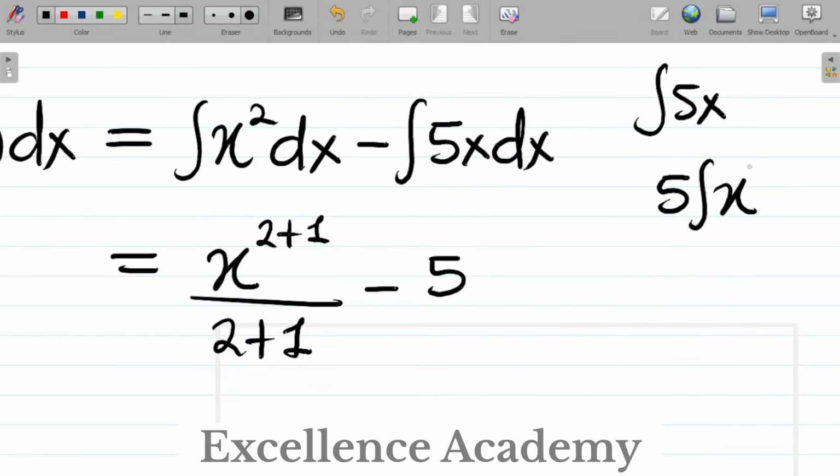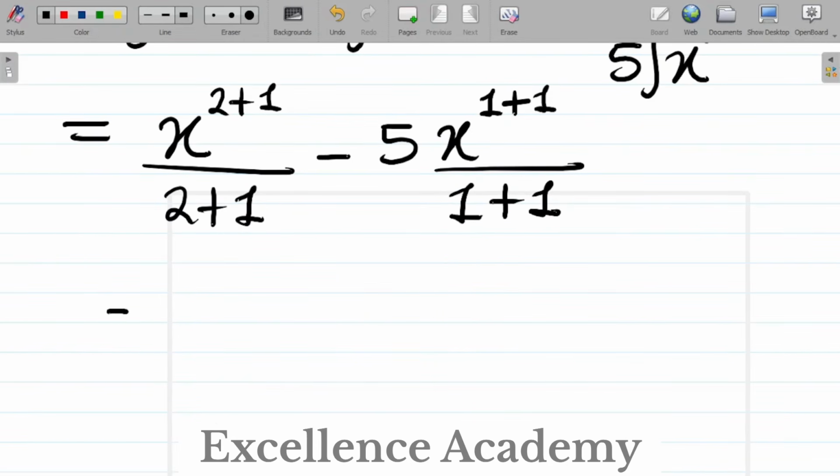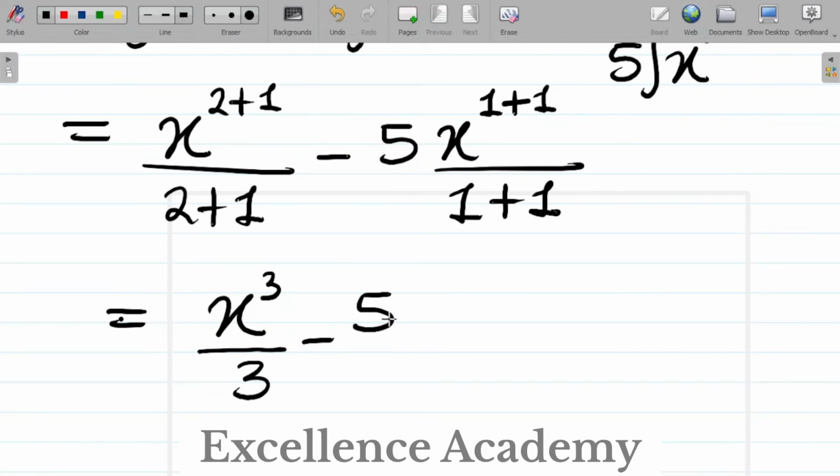To integrate x, the power here is 1, so add 1, that becomes x to the power 1 plus 1, all over 1 plus 1. So this is equal to x cubed all over 3 minus 5 times x squared all over 2.